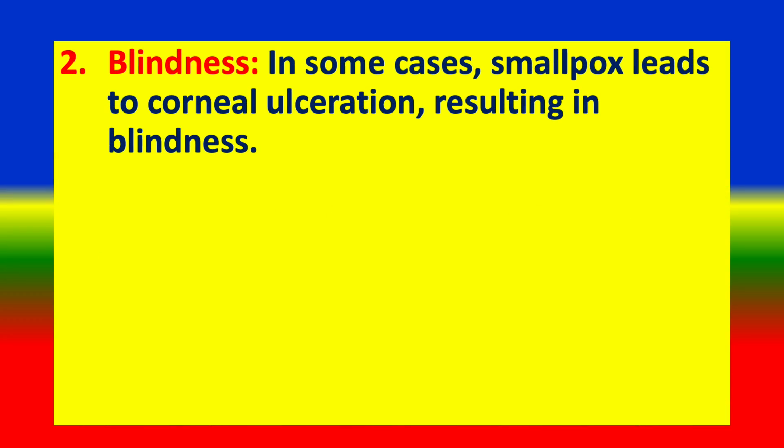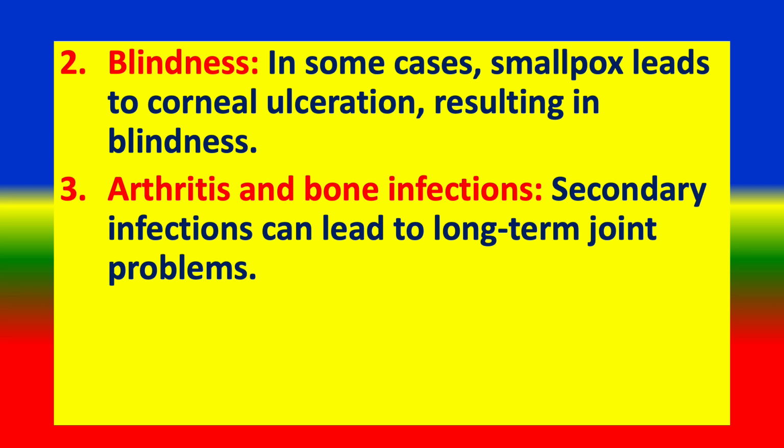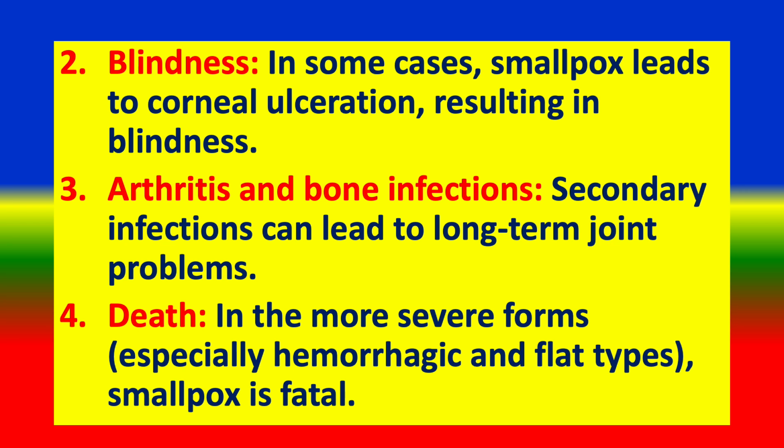In some cases, smallpox leads to corneal ulceration resulting in blindness. 3. Arthritis and bone infection. Secondary infection can lead to long-term joint problems. 4. Death. In the more severe forms, especially hemorrhagic and flat type, smallpox is fatal.